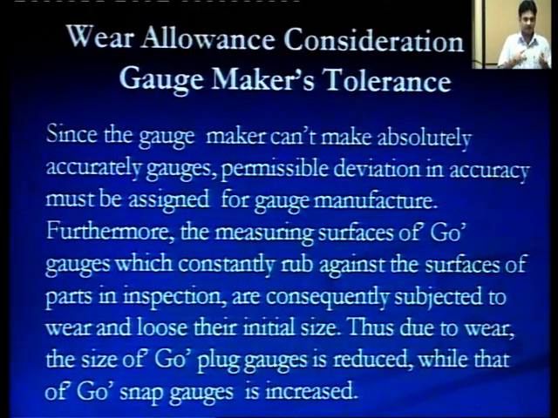It is the reverse of that, because in the case of a go plug gauge, we are checking the hole, and the size will get reduced with wear and tear, and in the case of a go snap gauge, we are checking the shaft, so the size will be increasing due to wear and tear.